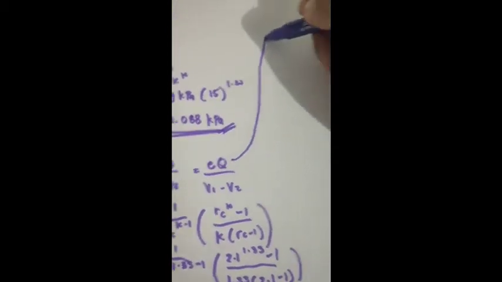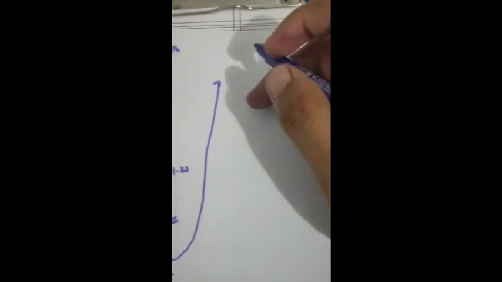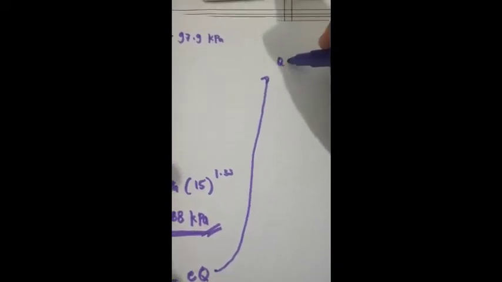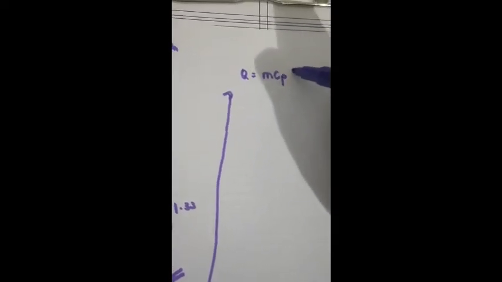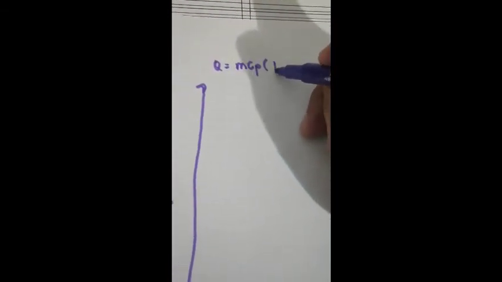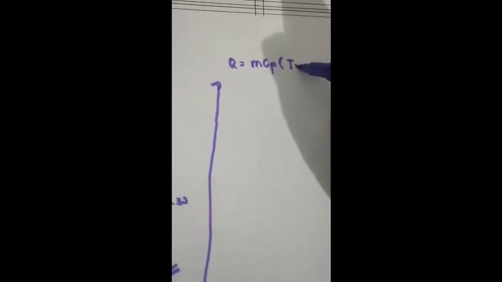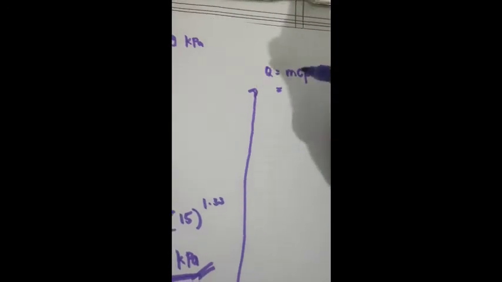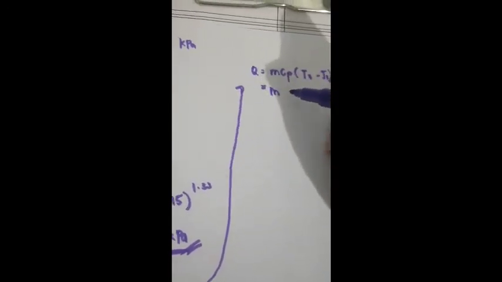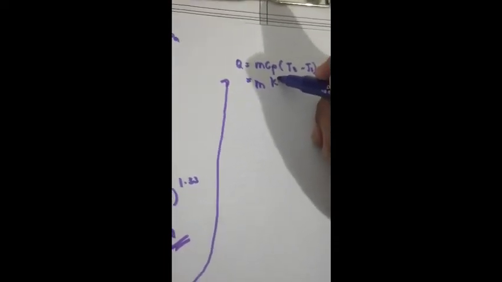So you will also find the formula for Q. Q is equal to MCP times T3 minus T2. So you will use the other formula to get like this.